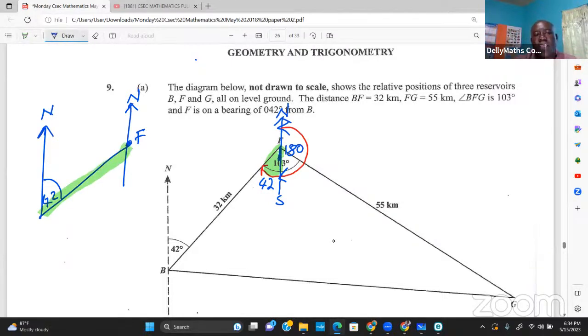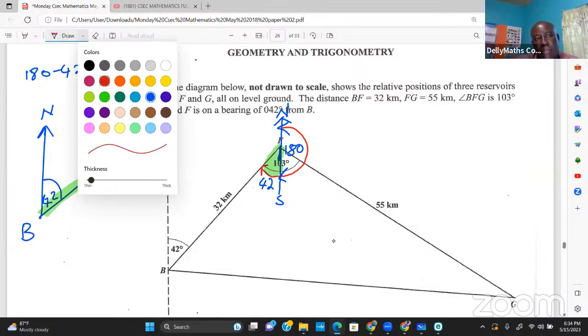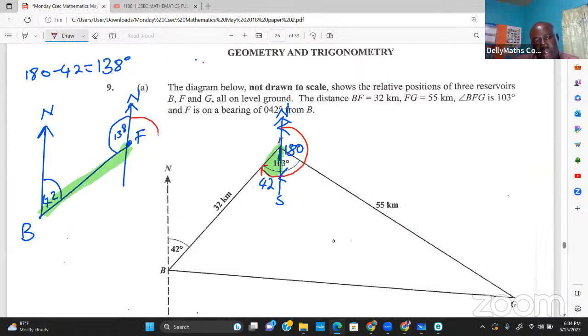Co-interior angles add to make 180. Now, see where we're going. If I take 42 from 180, I'm going to get 138 degrees, which is this angle here. Now, look at the bearing. This is B. The bearing you wanted was all of this.